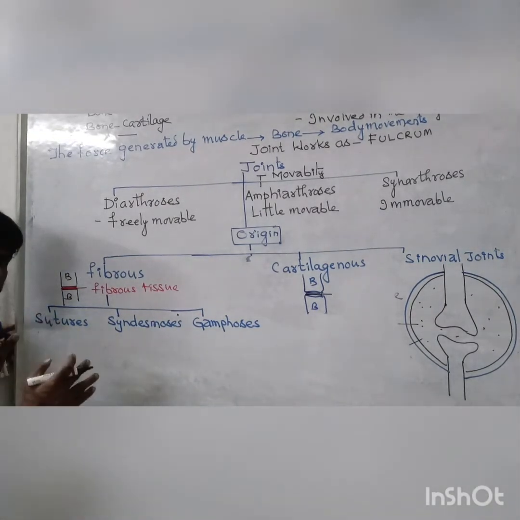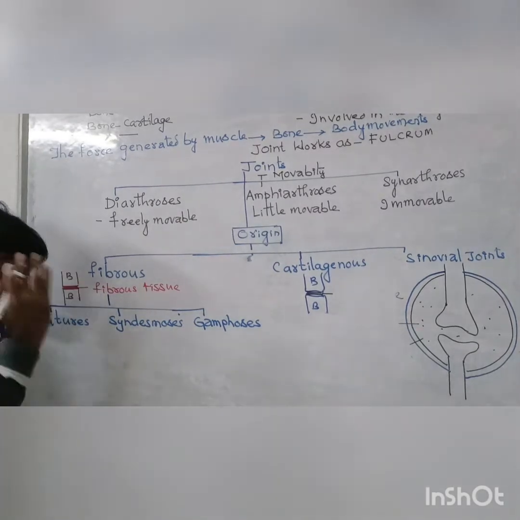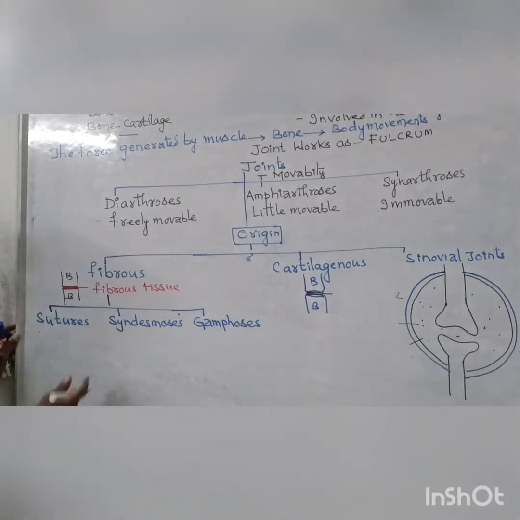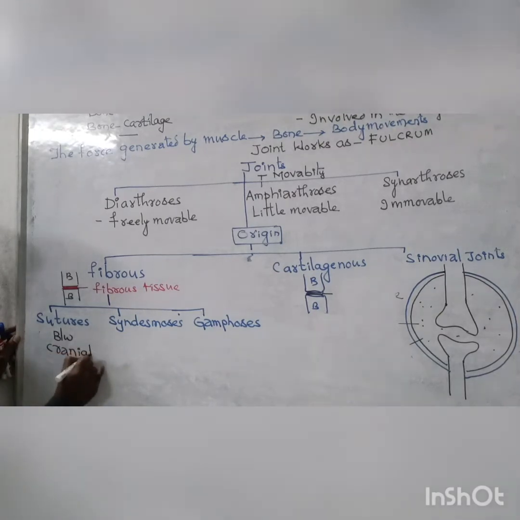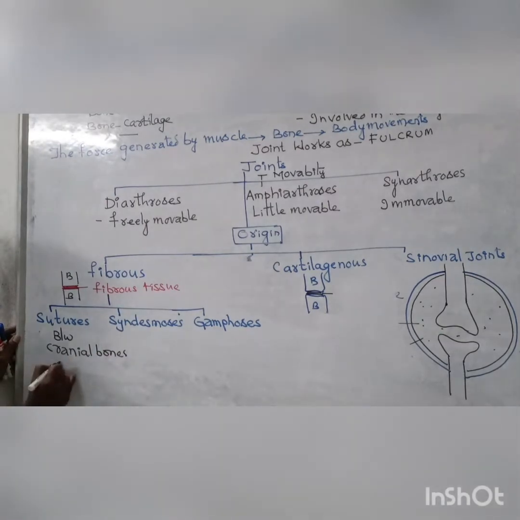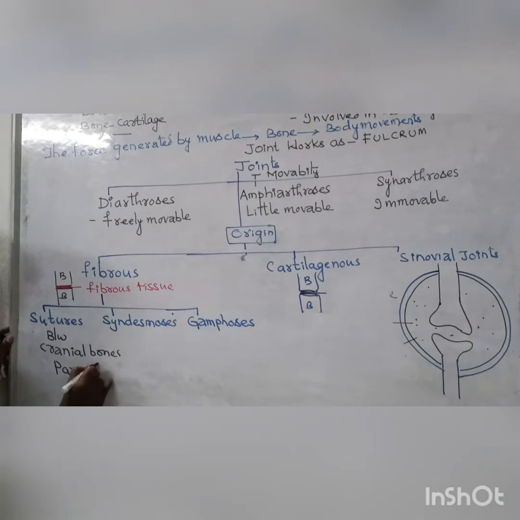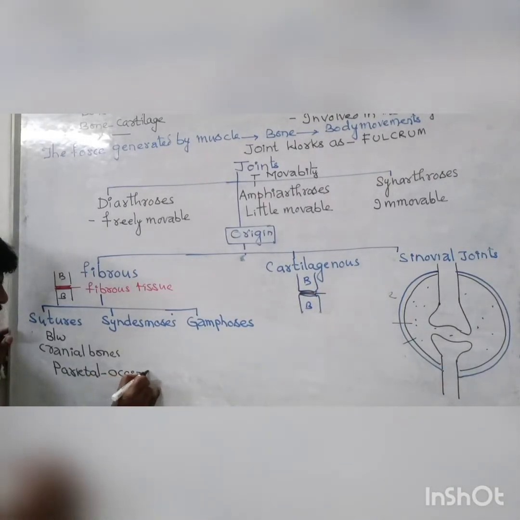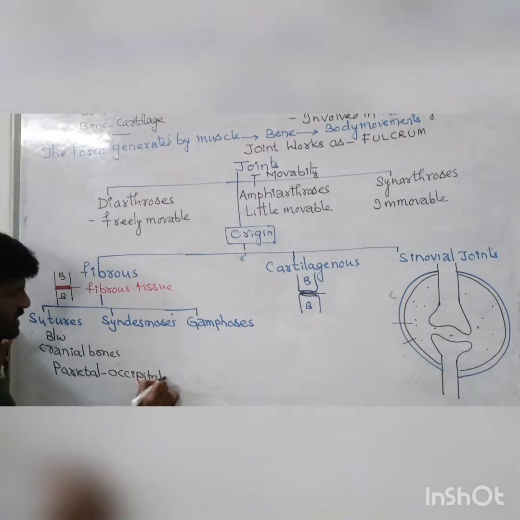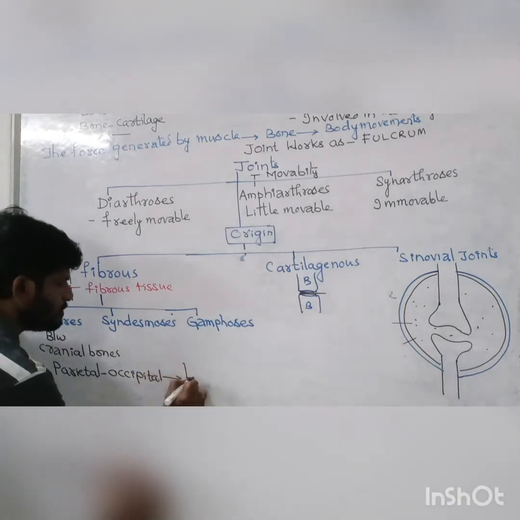Generally, the suture joints are present between the cranial bones, as I told you in the previous class. Sutures are formed between the cranial bones. For example, between the parietal bone and occipital, there is a suture, the lambdoid suture.